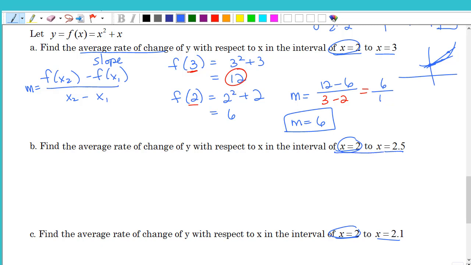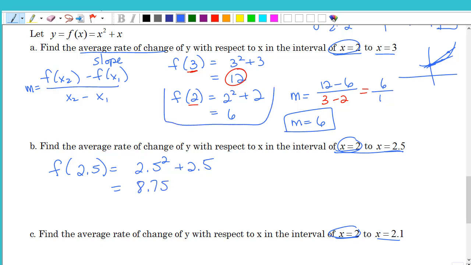Well, the next thing they ask us is to say, hey, instead of between 3 and 2, what if I go from 2 to 2.5? So I need to evaluate the function at 2.5. And this is where a calculator would definitely come in handy. I used my calculator and I got 8.75. Since I already know f of 2, I don't need to recalculate that.